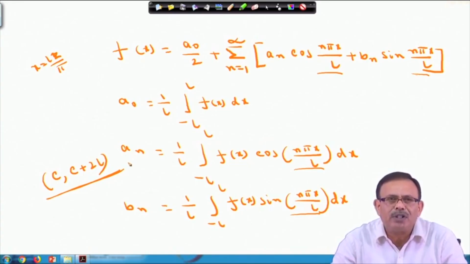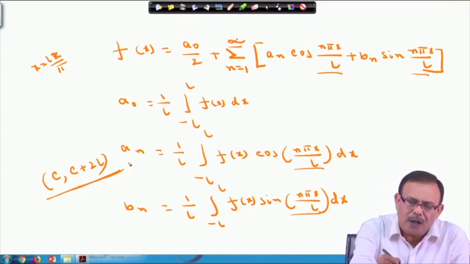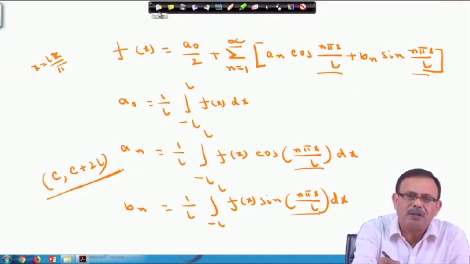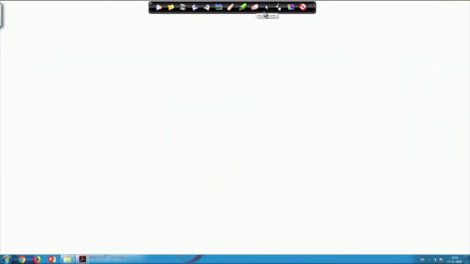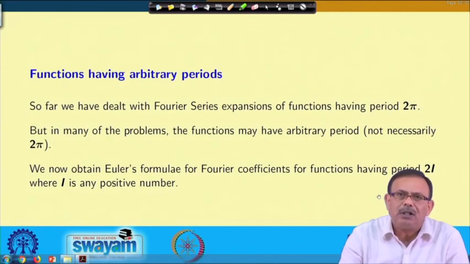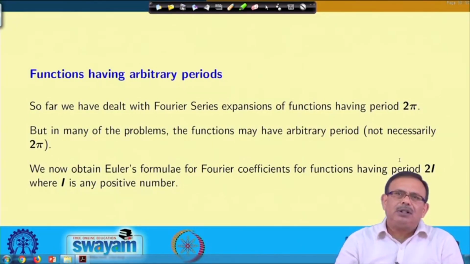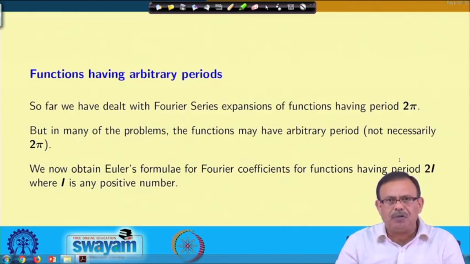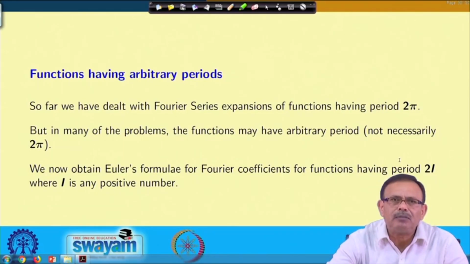Whenever C equals minus L, it will be from minus L to L, and I can make it 0 to 2L by putting C equals 0. So, I hope it is clear. For a generalized or arbitrary period 2L, we can define it this way.